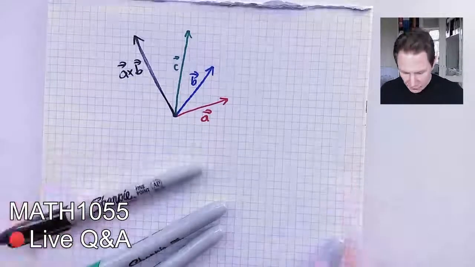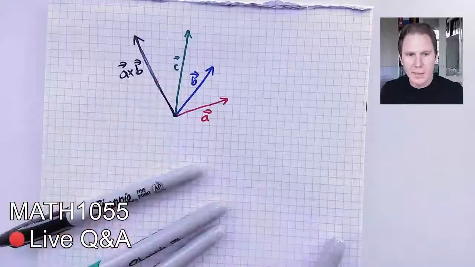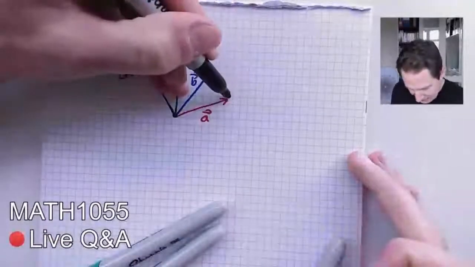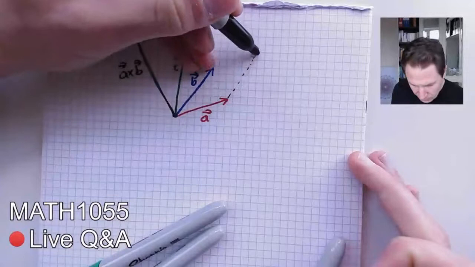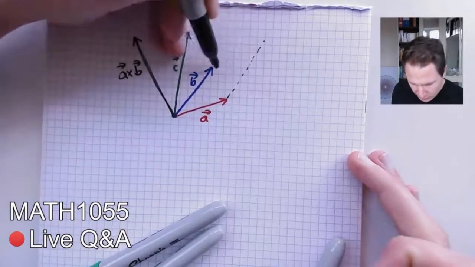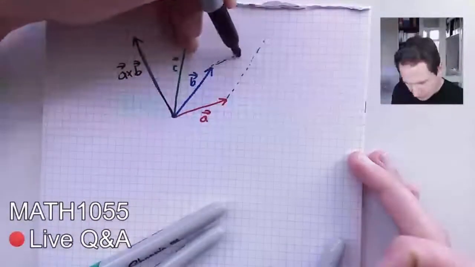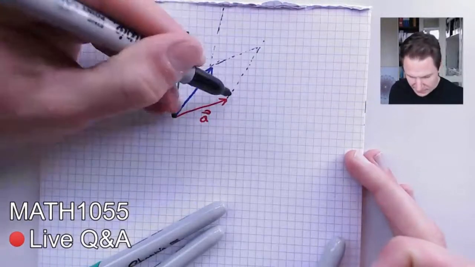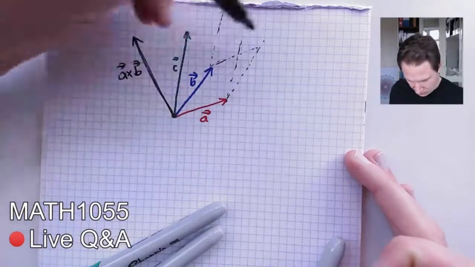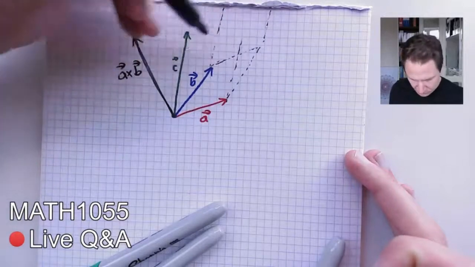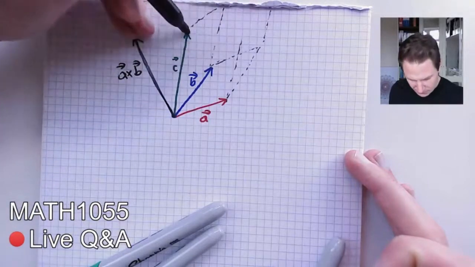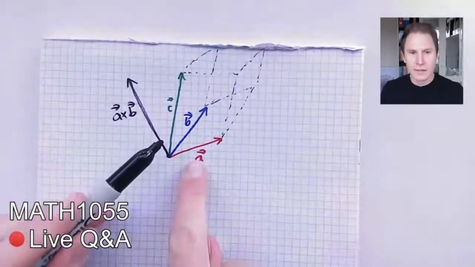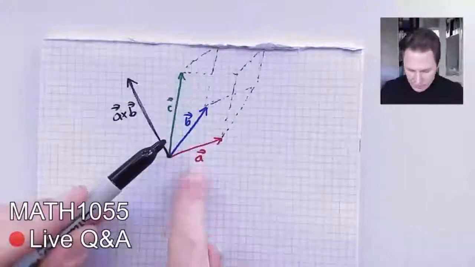And the point is that if you take the scalar product of A cross B and C, what you are really getting is the signed volume of this parallelepiped that is spanned by these three vectors. So you can imagine that there is this sort of brick-like thing in 3D space spanned by these three vectors.